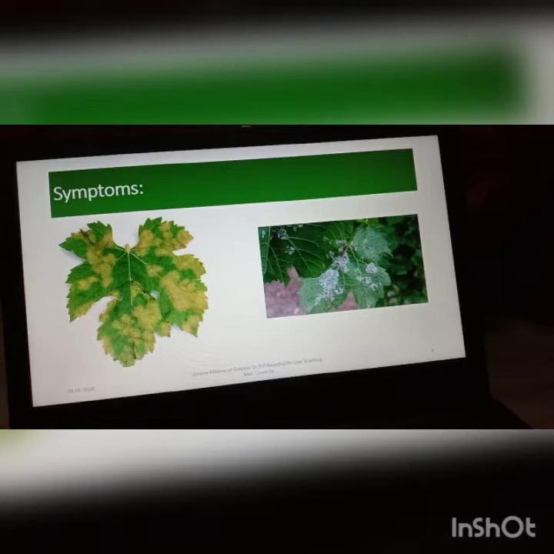On the upper surface of leaves, irregular light yellow spots are seen. On the opposite surface, below these spots, downy growth of the fungus may be present. See here, the downy growth of the fungus is observed, and on the upper surface, we are seeing yellow spots.